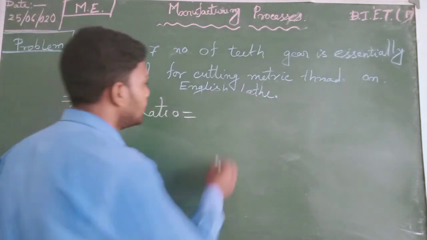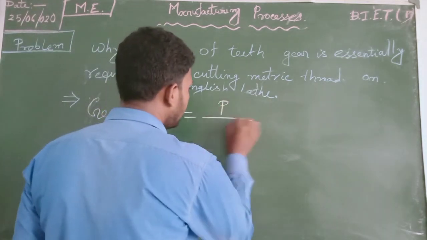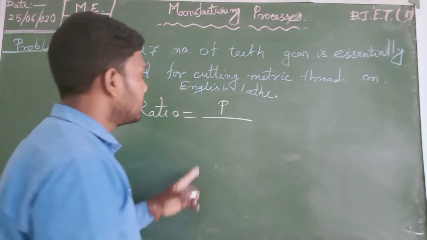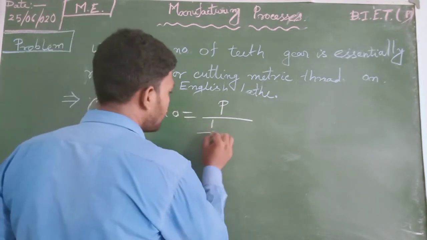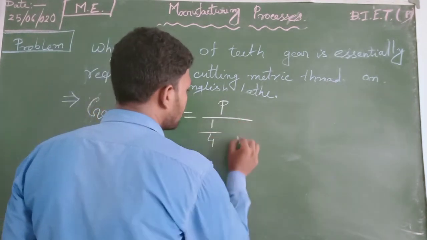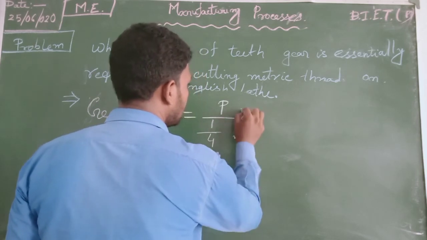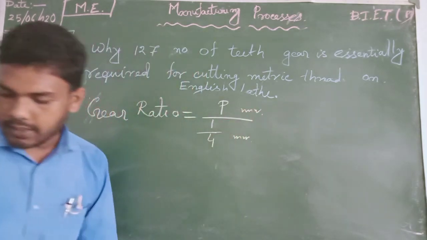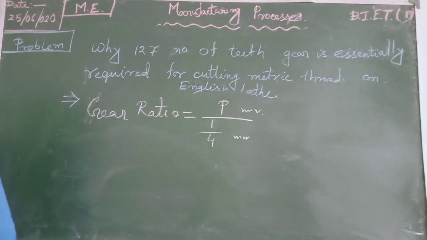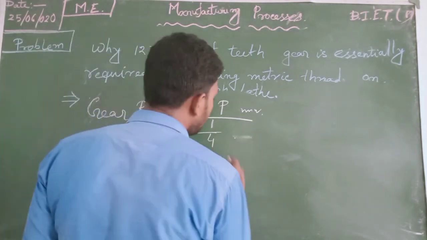The pitch of the thread is P millimeter and the lead screw pitch is 1/4 inch.